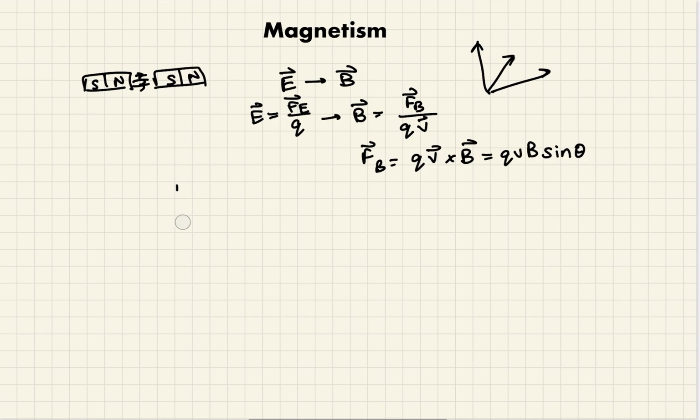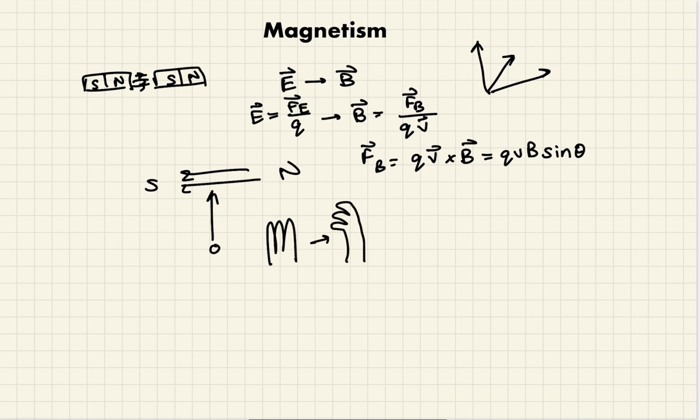So, for an example, let's say the charge is moving up and the magnetic field is this way. Let's say there's a north pole, south pole here. So you would have your fingers go upwards, and then you would curl them so that they face the direction of the magnetic field, and you find out what way your thumb is pointing.